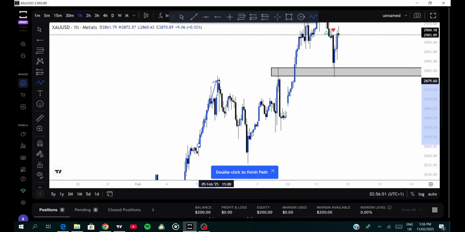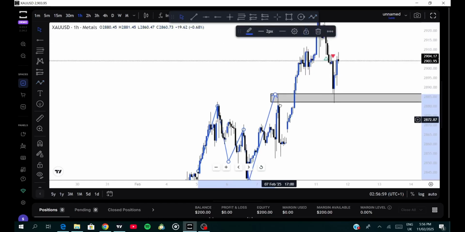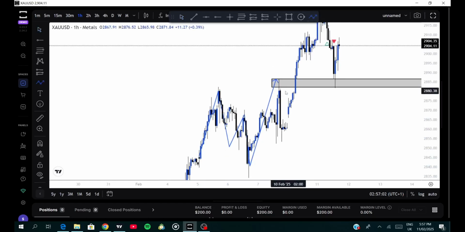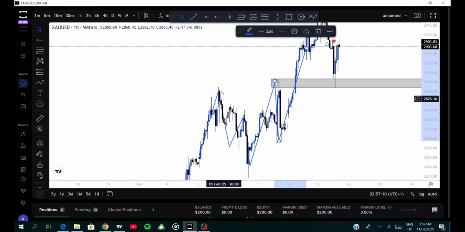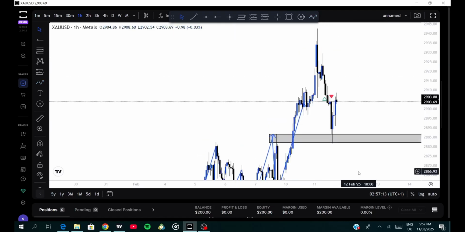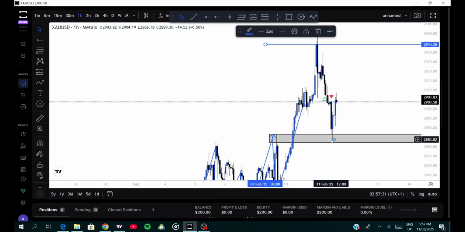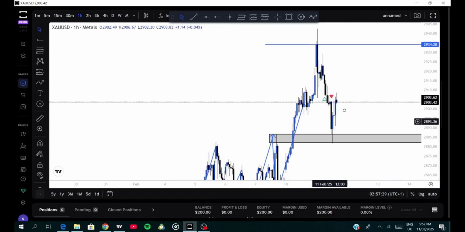This is a pattern that is well known by most professional traders, the inverse head and shoulders. Price then came back to retest the neckline, and maybe let me anticipate this: for the price to come to this 29.34.20.